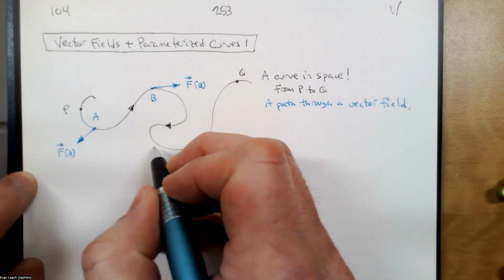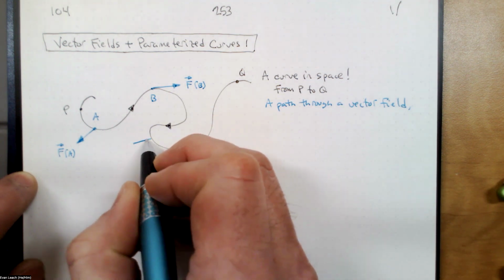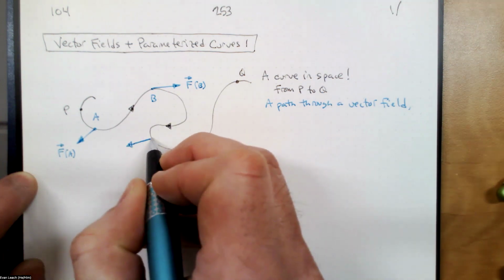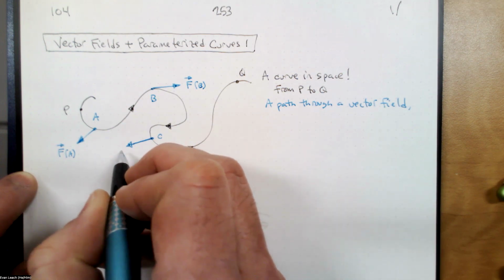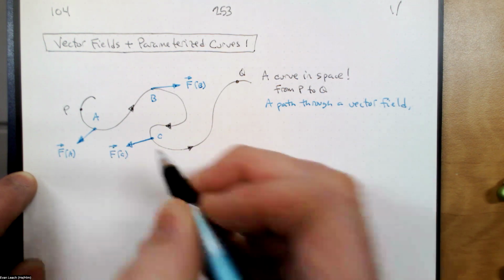This is the template. Here's a point C, here's another point. And then we have a vector field, throwing a vector at that point.